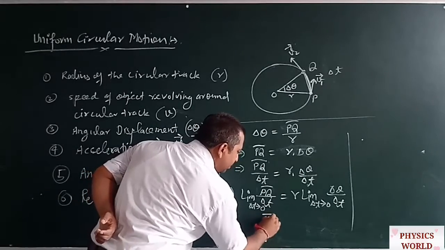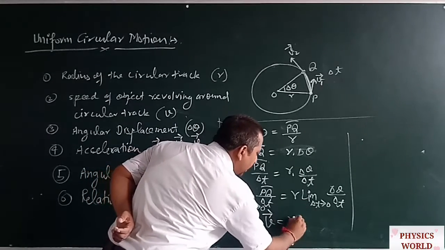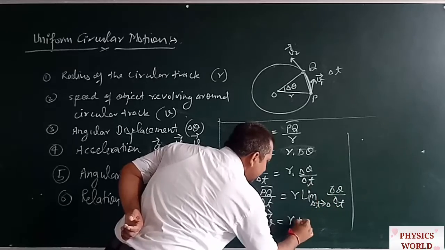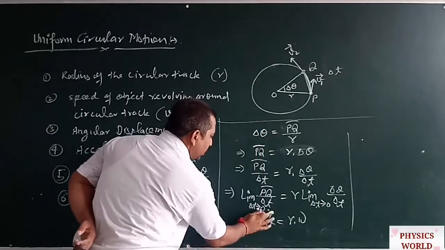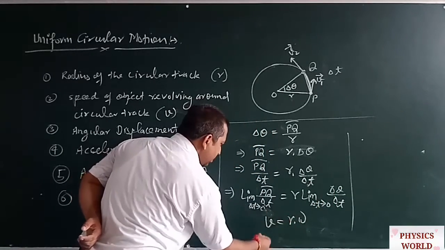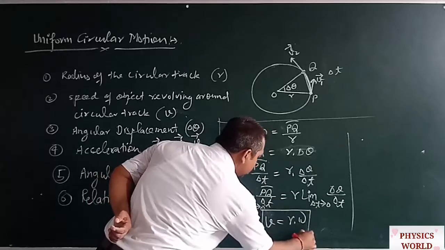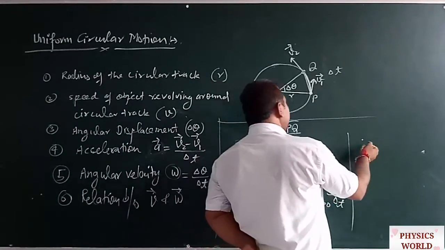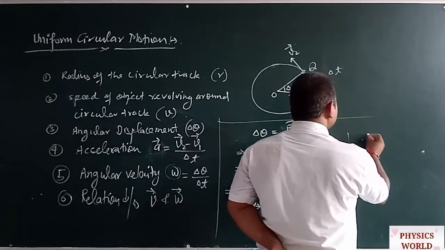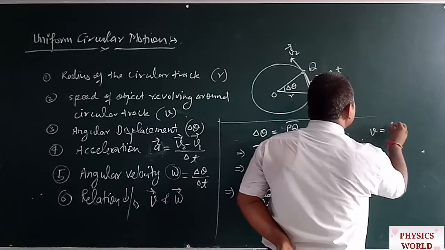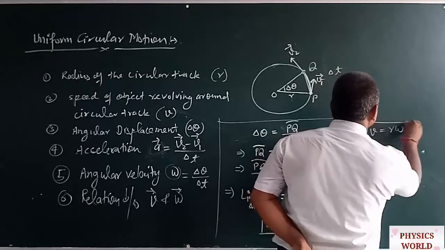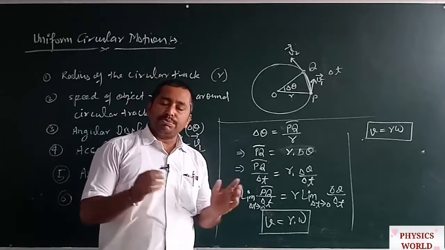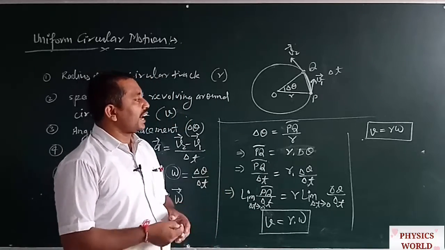So v is equal to r dot, and the rate of change of angle is omega. So in magnitude form we can write v equal to r omega. This is a simple relation between v, r and omega, the relation between the linear velocity and the angular velocity of any object revolving around a circular track.